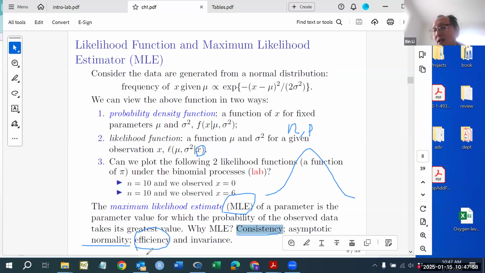Efficiency is based on the Cramér-Rao lower bound. If you know that, that's great. If you don't, it's fine. It just means that among all unbiased estimates, the MLE is the one that has the minimum variance. So that's a very good property. But it's also very tricky.